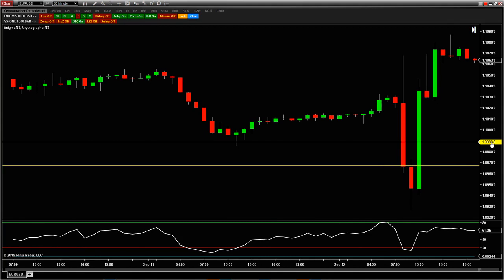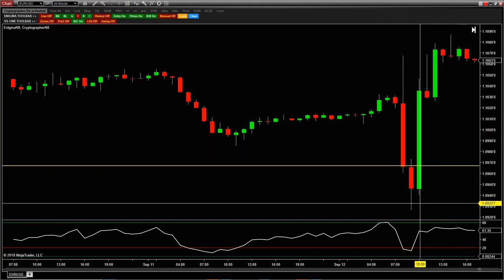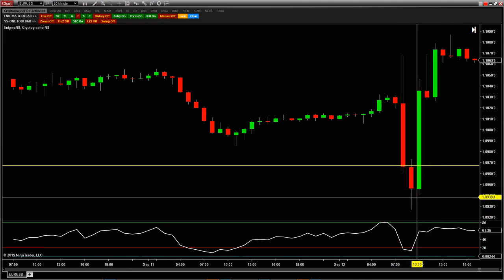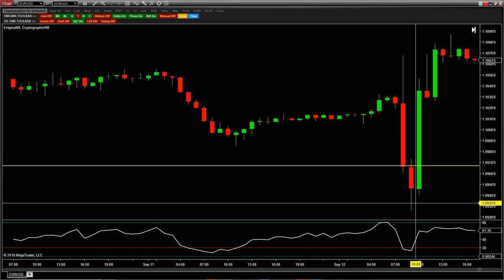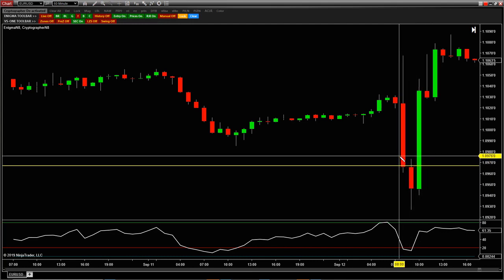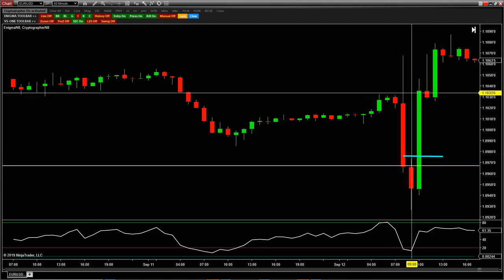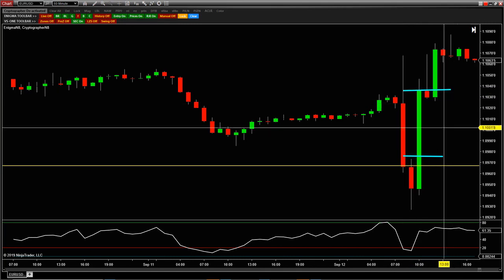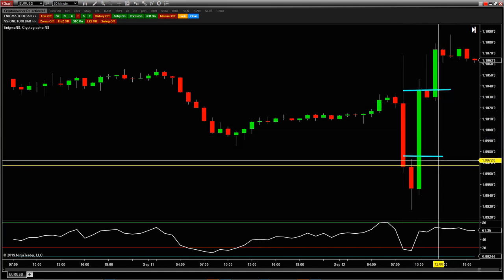Perhaps the big one in front of your face, right? So, a good example of, let's say you're looking at this. This was at a previous level of structure, and you saw this rejection candle, and you're like, ooh, tasty, right? A sell stop would get you involved right here. A higher high, higher close would get you involved right here. An extreme example, but if this doesn't make the point, I don't know what does.